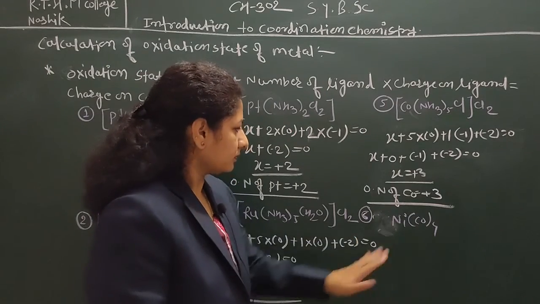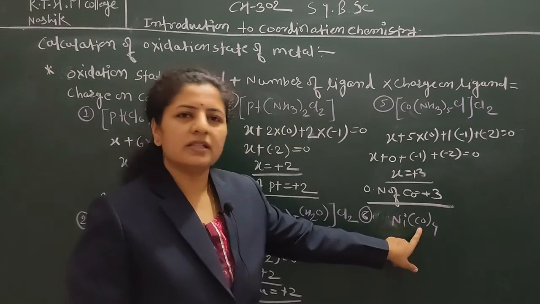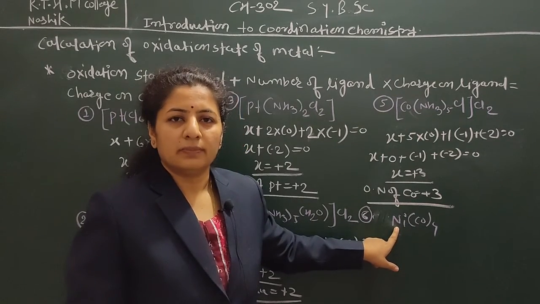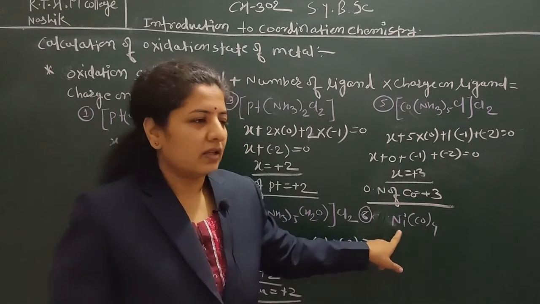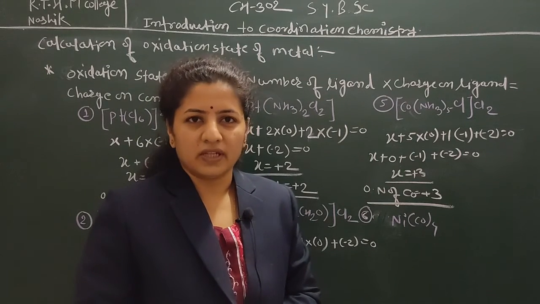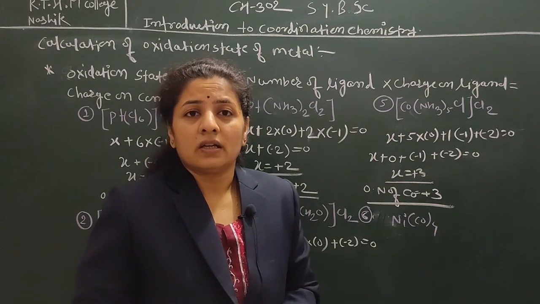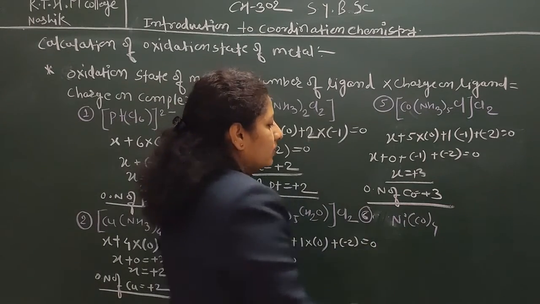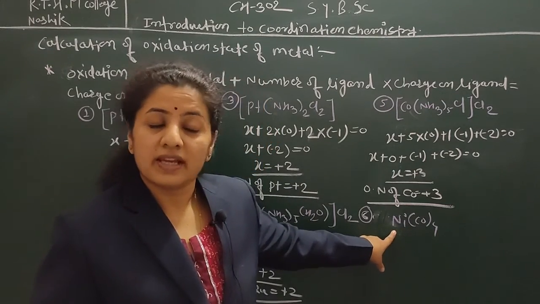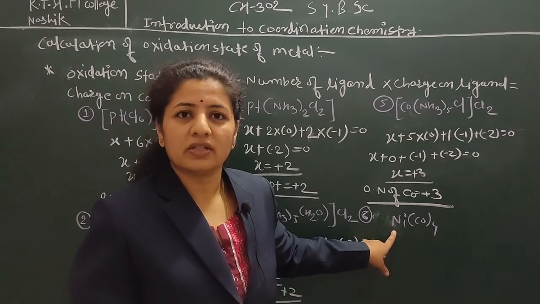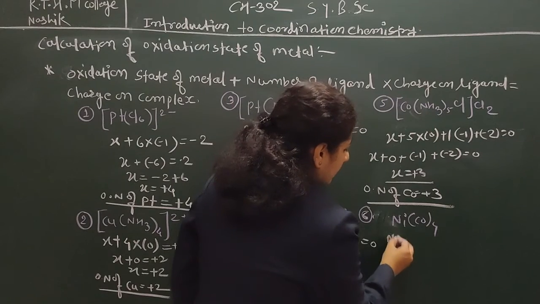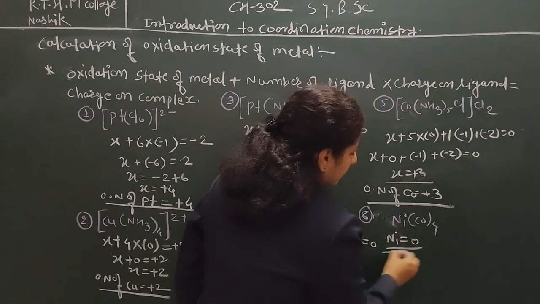Here carbonyl is a neutral ligand, and this neutral ligand is directly attached to the metal ion. In that case, we have to take the oxidation state of nickel as 0, because carbonyl is a neutral ligand. So when a neutral ligand is directly attached to the metal ion, the oxidation state of that metal is 0. So the oxidation state of nickel is 0 here.